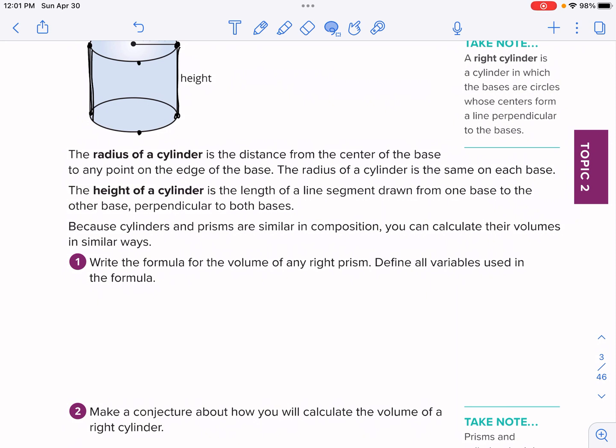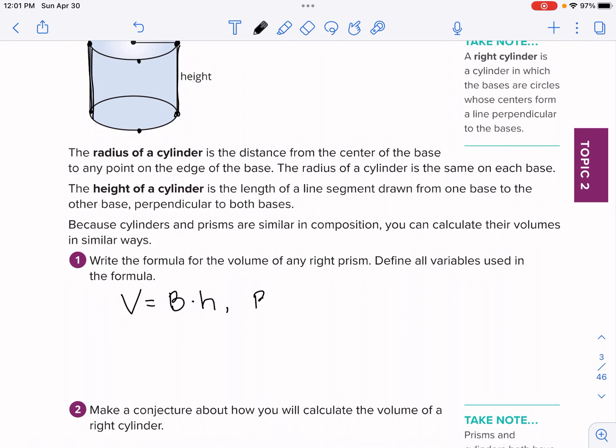Number 1, write a formula of the volume for any right prism and define all variables used in the formula. So there's a formula you could use here. It's V equal to capital B times lowercase h. And this is where, right, we know V stands for volume, h represents the height, but capital B is different than lowercase b.